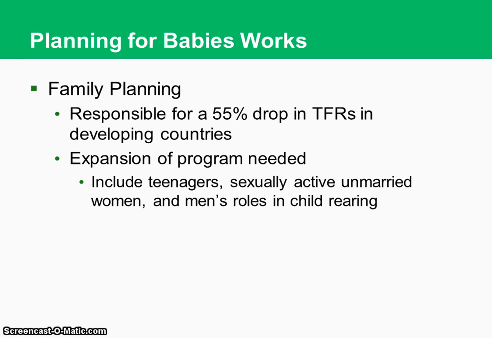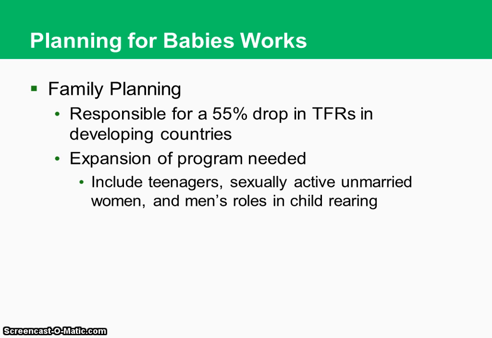Okay, so family planning, it does work, and what we've seen through our case studies and what the book tells us is that we have seen a 55% drop in total fertility rates in the developing countries as a result of family planning, which again is providing methods for allowing people to choose the number and spacing of their children.